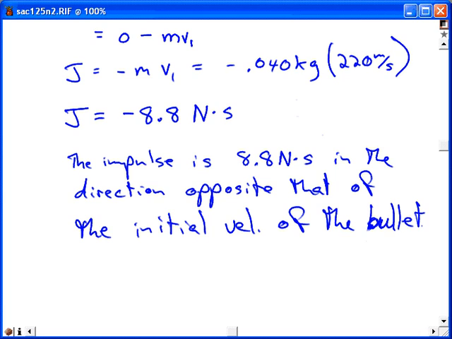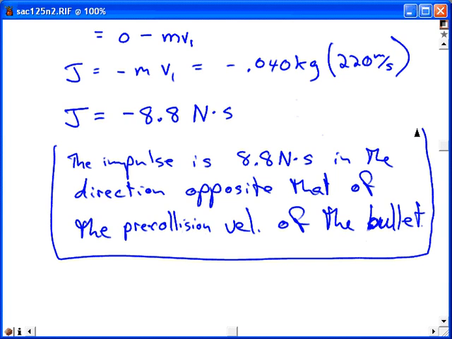I do like that word pre-collision better. I'll put a little hyphen in there. The pre-collision velocity of the bullet, and that's the answer for SAC 125.